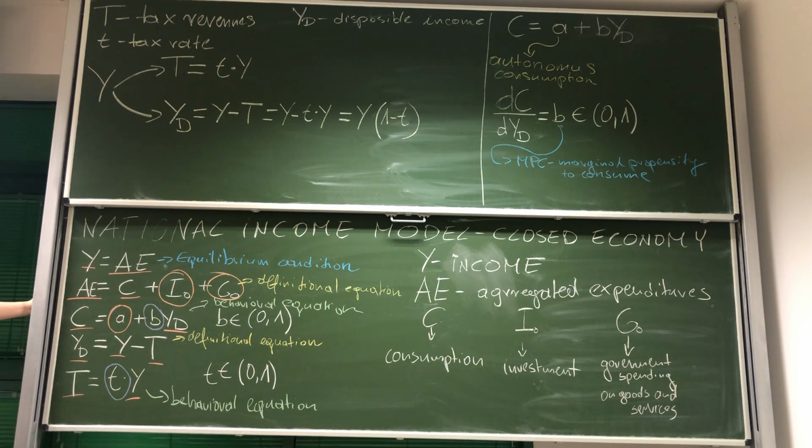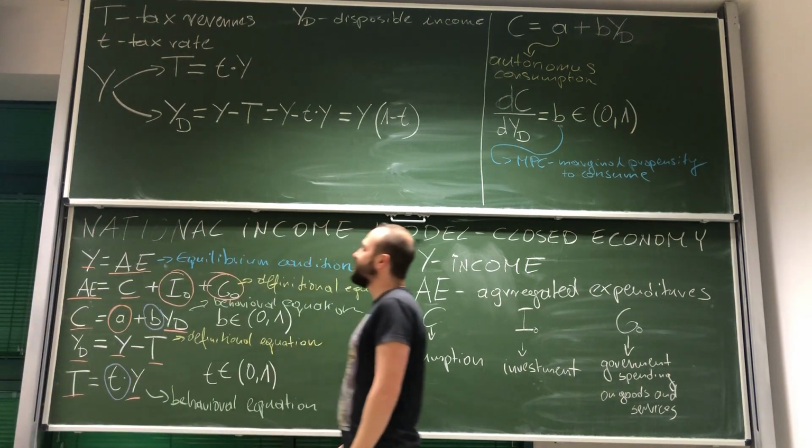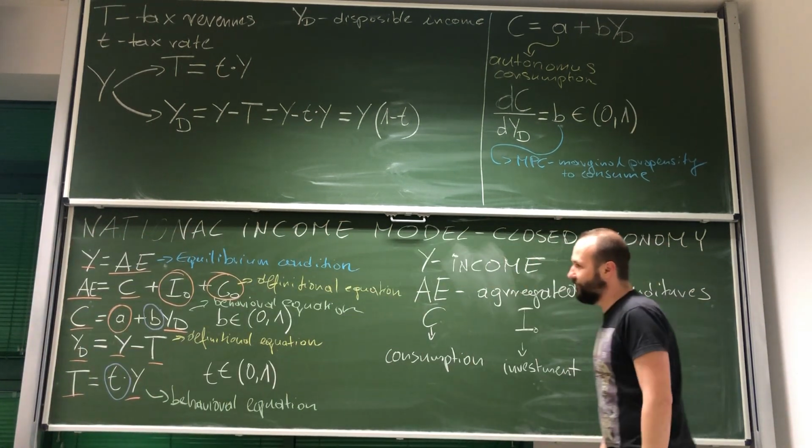So using this model, we can calculate the value of income. We can calculate the value of aggregate expenditures, consumption, disposable income, and taxes. And look, it's no coincidence, although it doesn't need to be like that everywhere, every time.